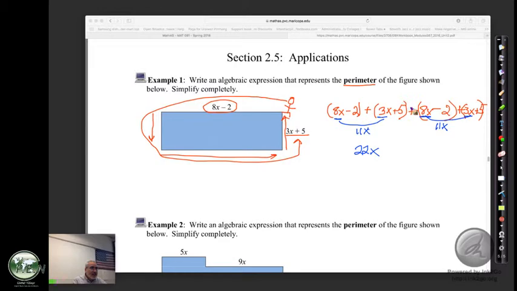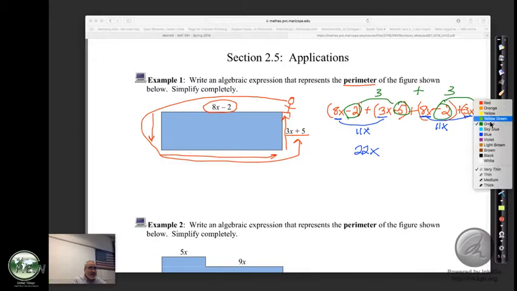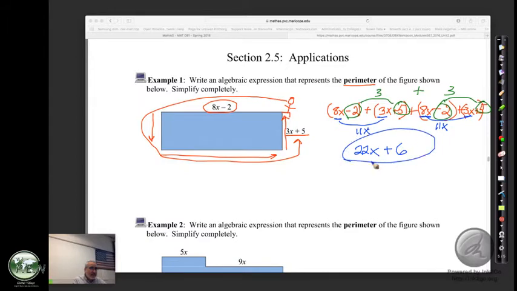And then add all the numbers together. Negative 2 and 5 is 3, this negative 2 and 5 is 3. 3 plus 3, 6. There's our perimeter. It's kind of taking algebra and putting it in geometry.